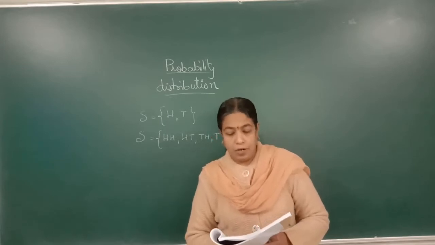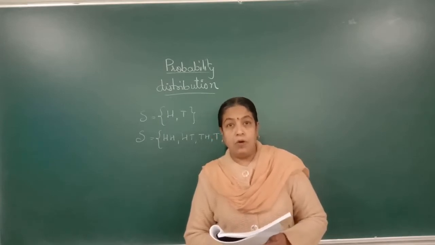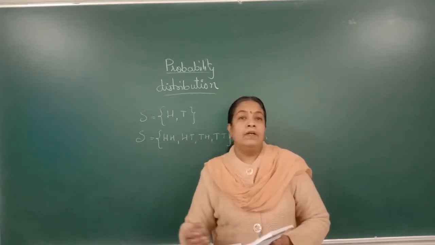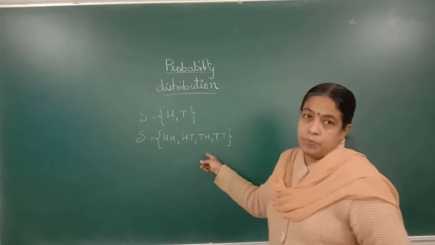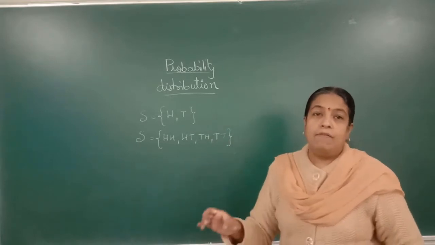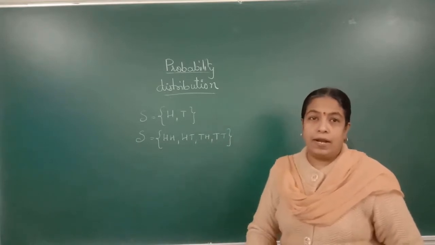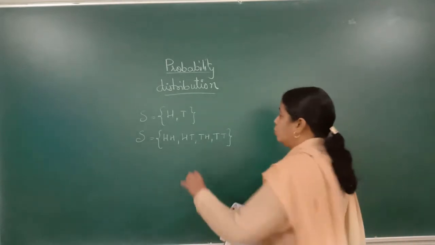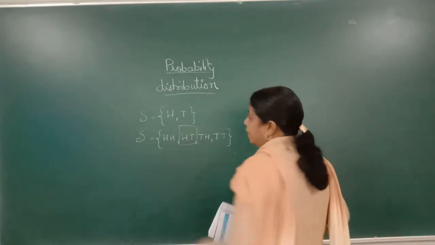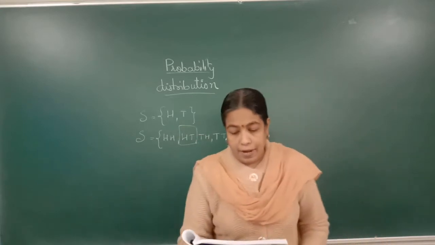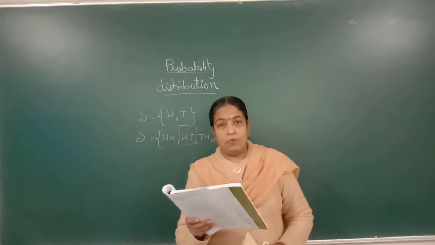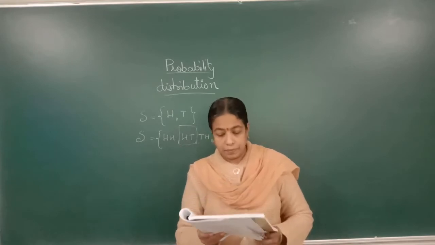The value of this variable depends upon the outcome. When you toss 2 coins, you are getting head on one coin and tail on the second coin. Then out of this only one is true, isn't it? A random variable is usually denoted by capital letters like X, Y, Z and so on.